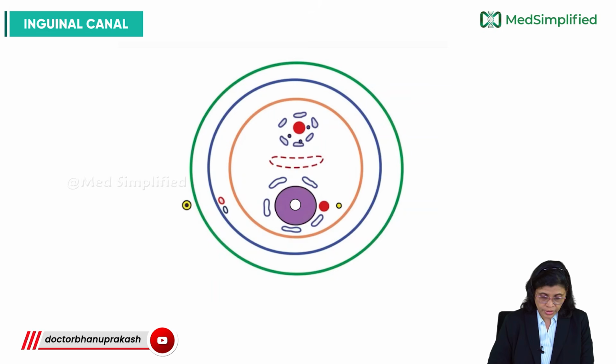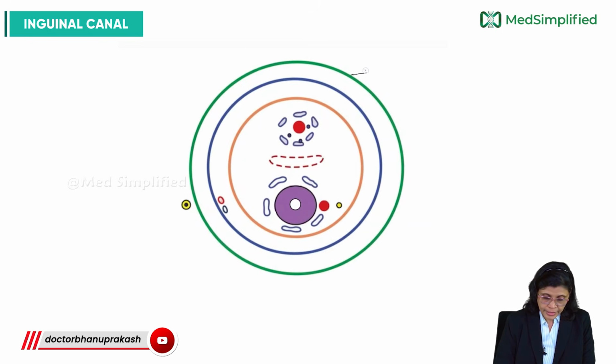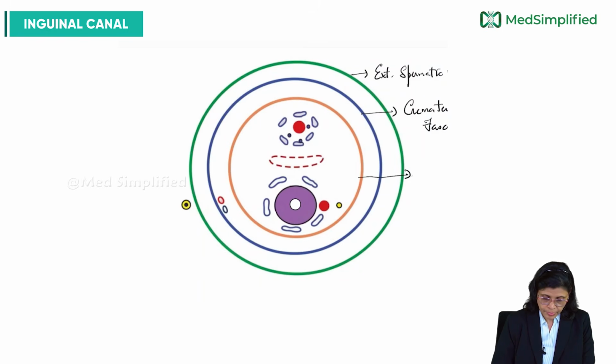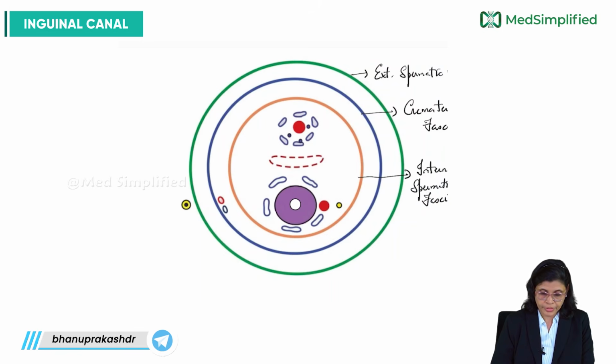From outside to inside, we have the external spermatic fascia, then the cremasteric fascia, then comes the internal spermatic fascia. Those are the fasciae covering it.